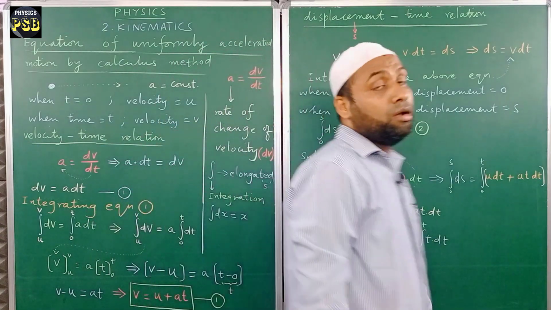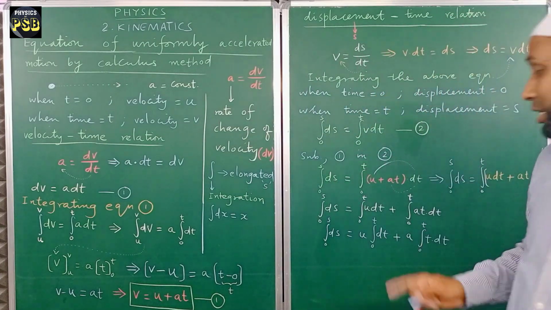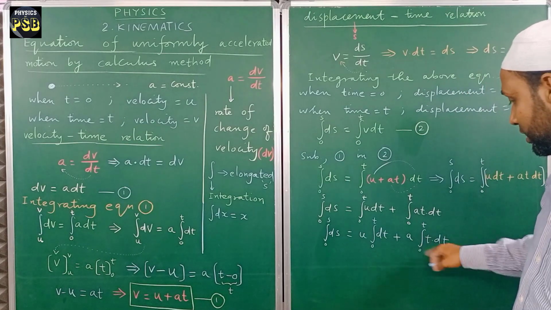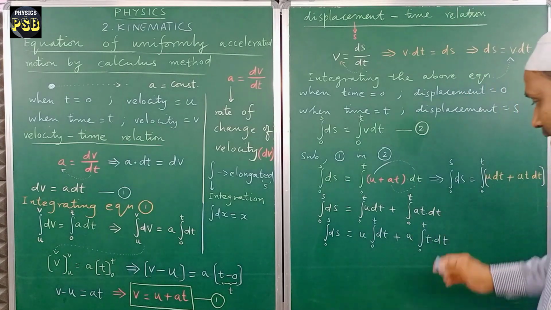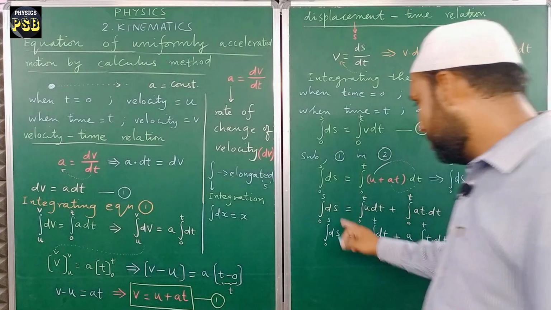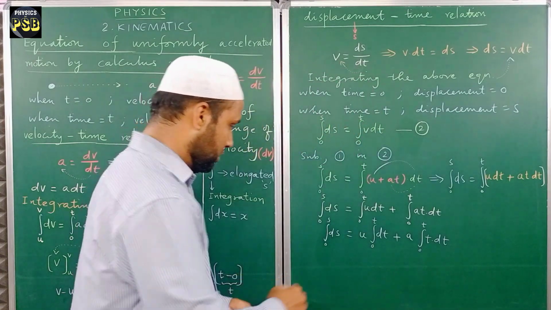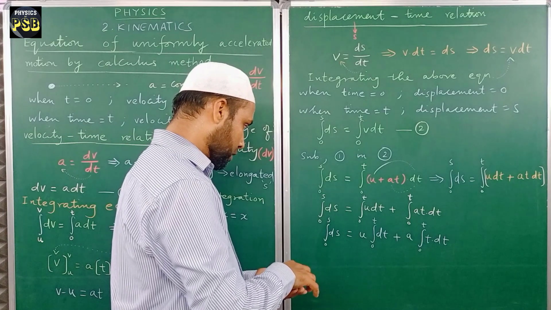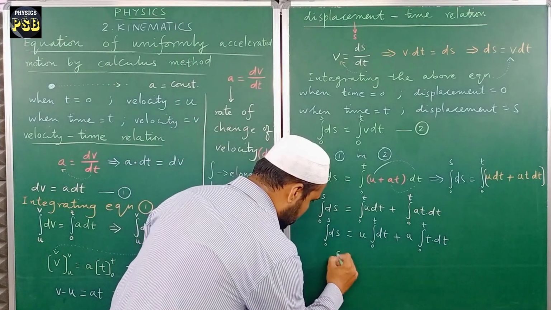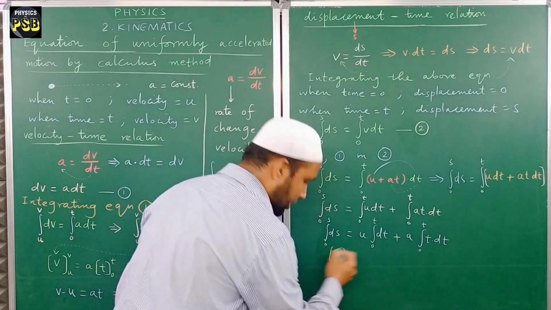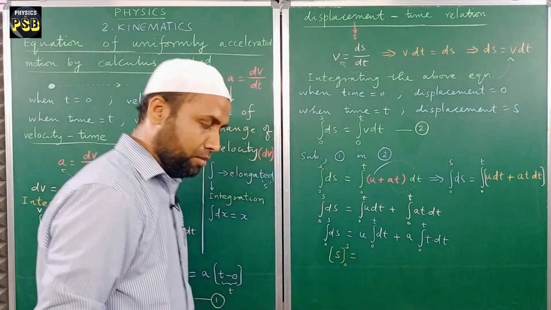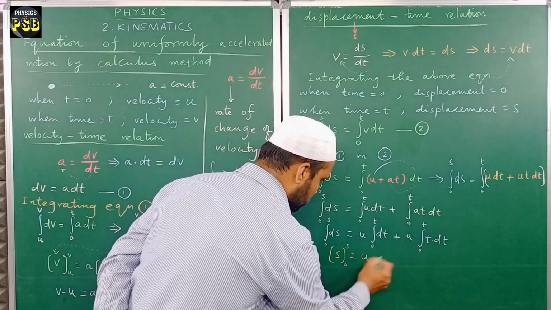Okay. Now I am going to introduce one more equation here, which will be helpful to integrate this term. Okay, what is that? I'll tell you. Now I will integrate this part first. When I integrate ds, it will become s. When integrating this one, it will become s. Now I take this within a bracket and I write the limits outside. u is kept as such.